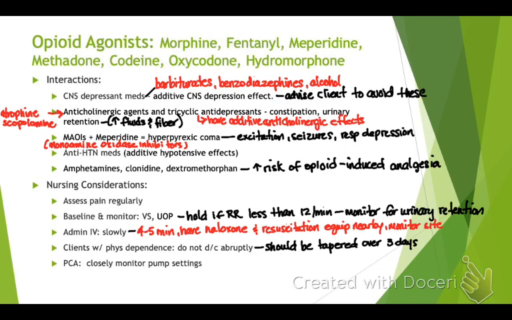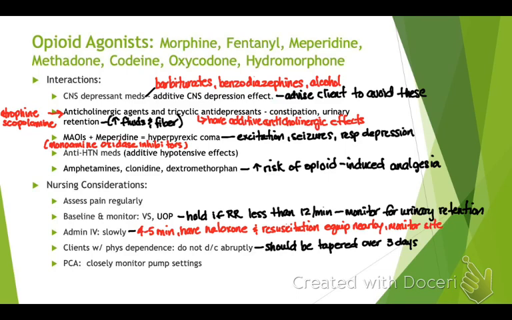All right, so still talking about opioid agonists, we're going to discuss their interactions. CNS depressant medications, so barbiturates, benzodiazepines, alcohol, will have an interaction with these meds. They will have an additive CNS depression effect. So you want to advise the client to avoid taking these meds while they're on opioids.